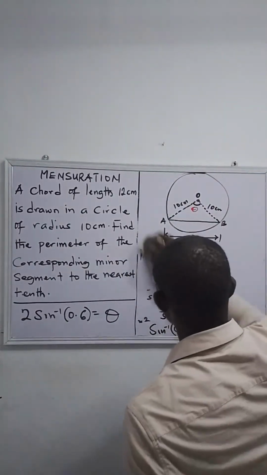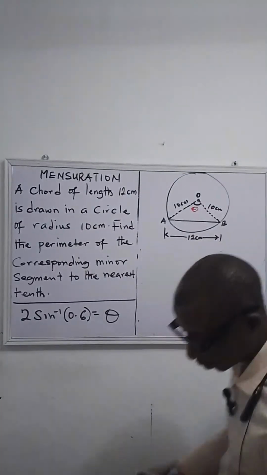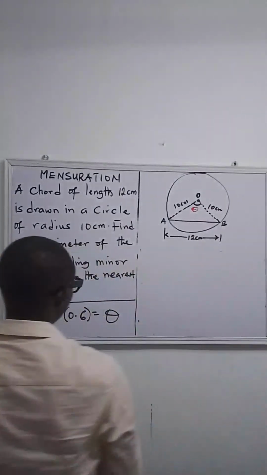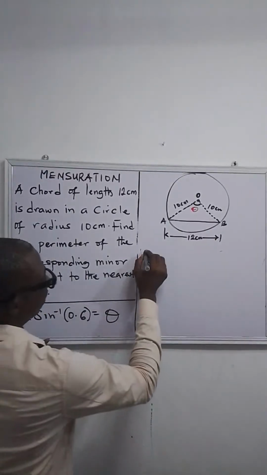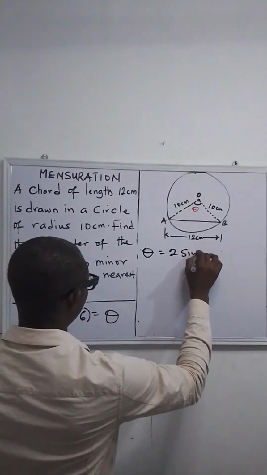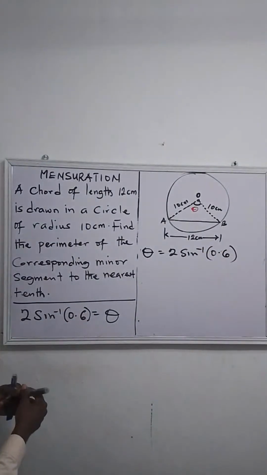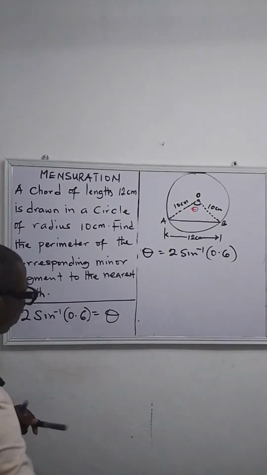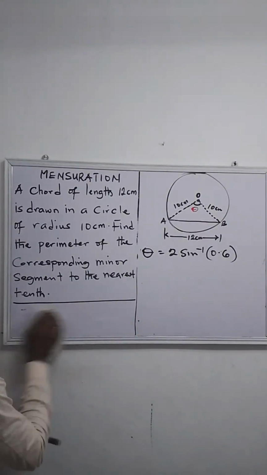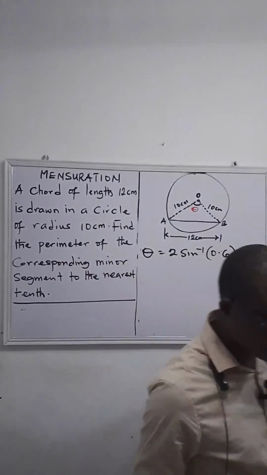Let me clean this so we can continue here. And so we have theta equals 2 arcsine of 0.6. If you have your answer, you can drop that in the comment section. Let me see what you have.